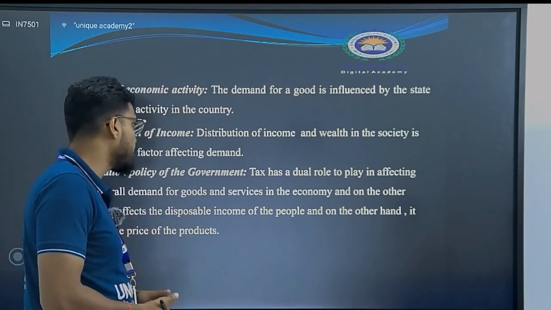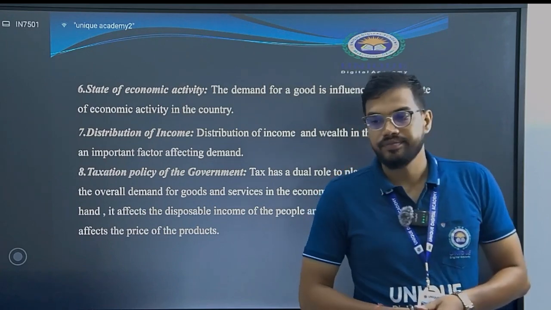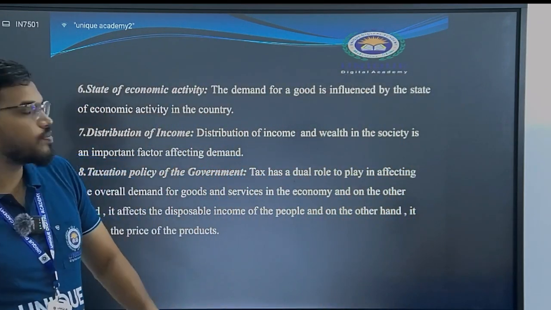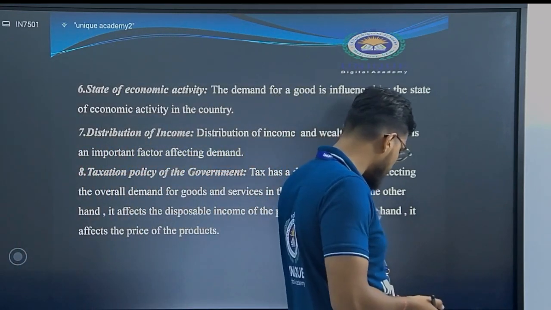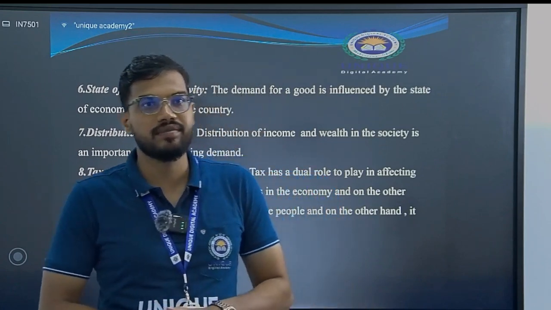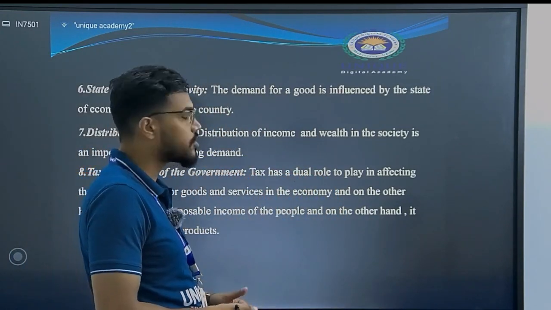Then taxation policy. Tax is a compulsory contribution to the government without expecting any direct benefit. Then different types of taxes: direct tax, indirect tax, progressive tax, regressive tax, degressive tax, proportional tax, that also affects the demand for a product.